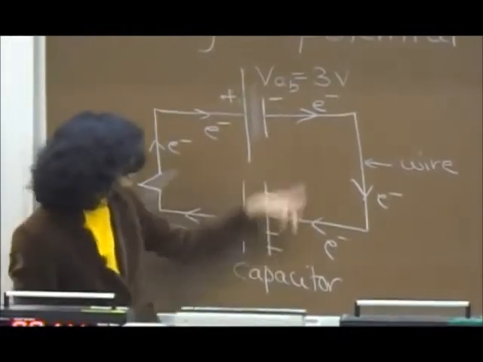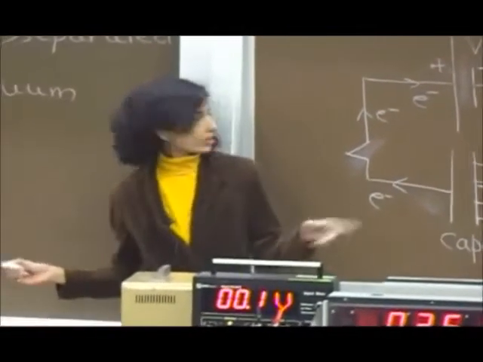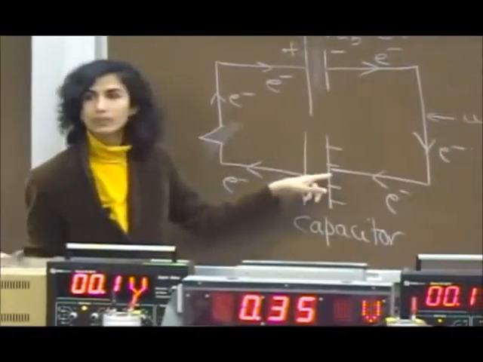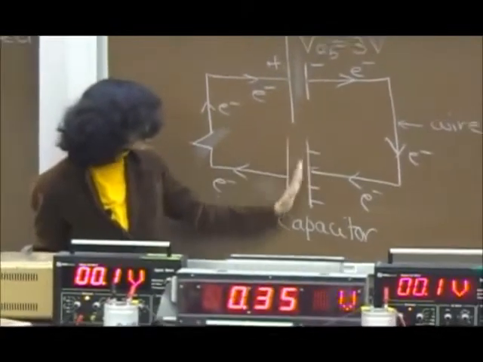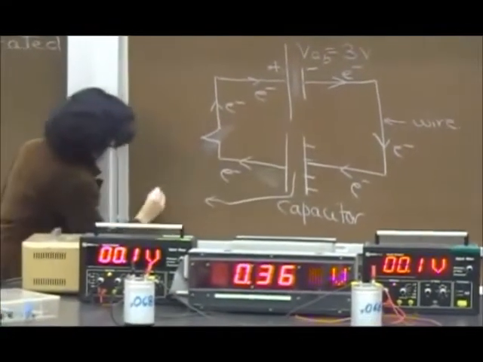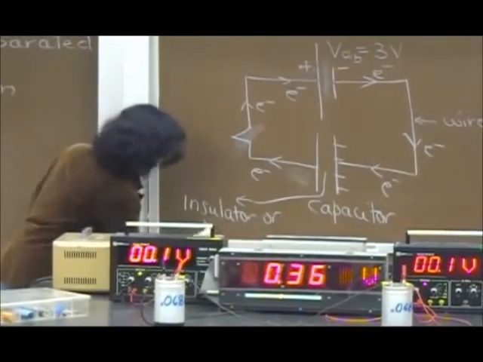These negative charges will stop here, and where were they coming from? If you think of it, the electrons do have a path to go this way. They only cannot go here because this is an insulator, or vacuum, nothing.